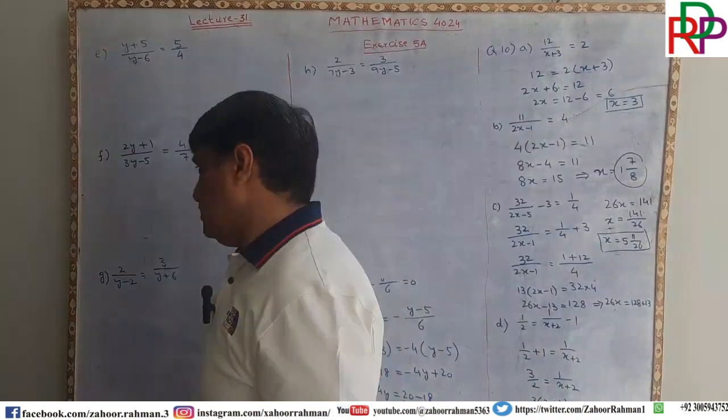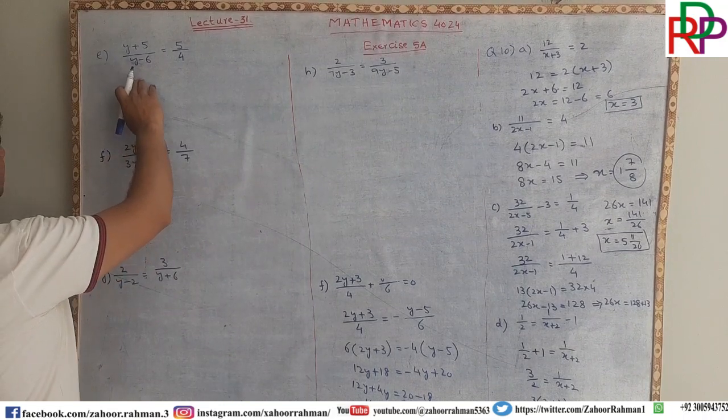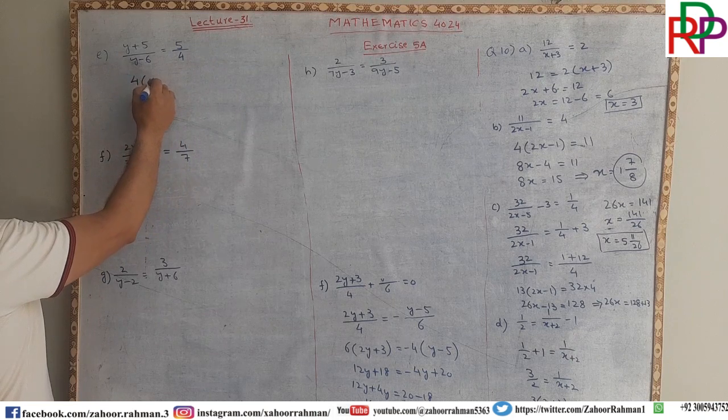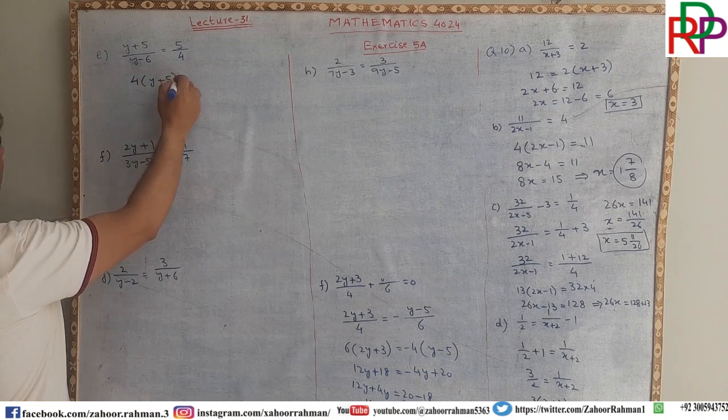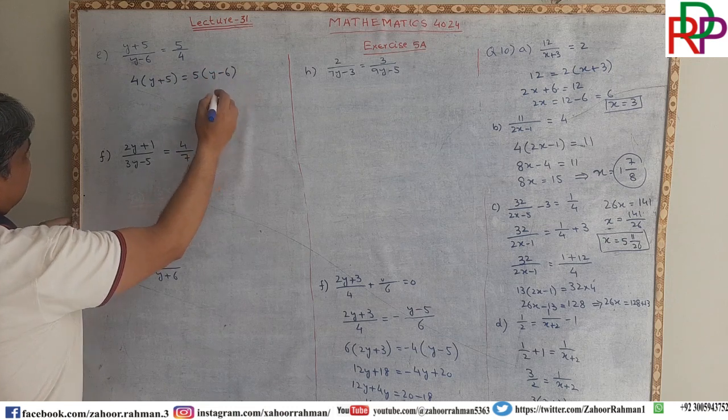Okay, now let us do this, and directly we are doing the cross multiplication. So cross multiplication will give you y into 5, 5y minus 6.